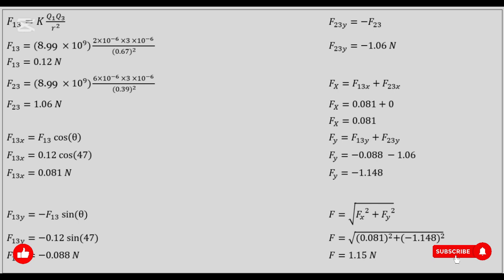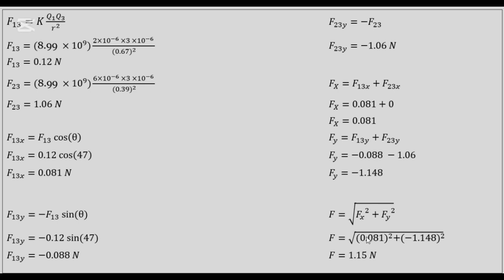So with the resolution, F will be equal to the square root of Fx squared plus Fy squared. So with the additions we did earlier for the x component, we do our substitutions here, which is F equals the square root of 0.081 squared plus minus 1.148 squared. Taking the square of a negative number will give you a positive answer, so we should not fumble over that.